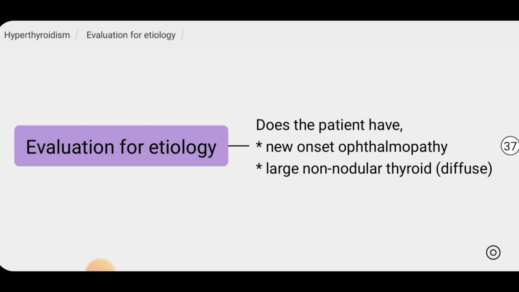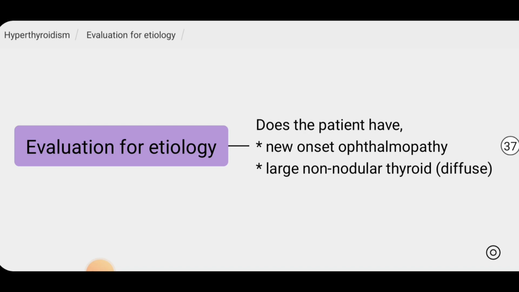then we can see whether this patient is having new onset ophthalmopathy. I mentioned previously the clinical signs present in ophthalmopathy, that is exophthalmos, lid lag, lid retraction and ophthalmoplegia.